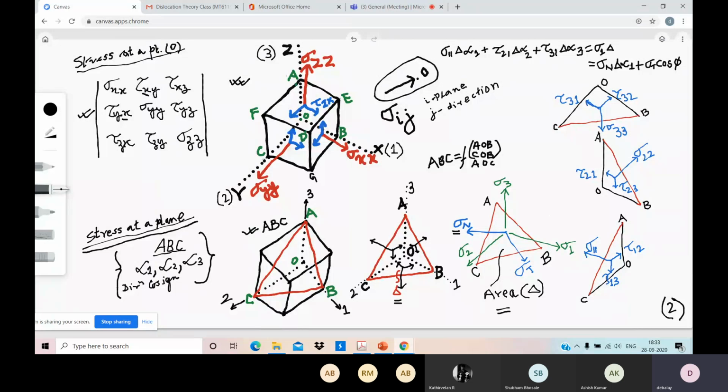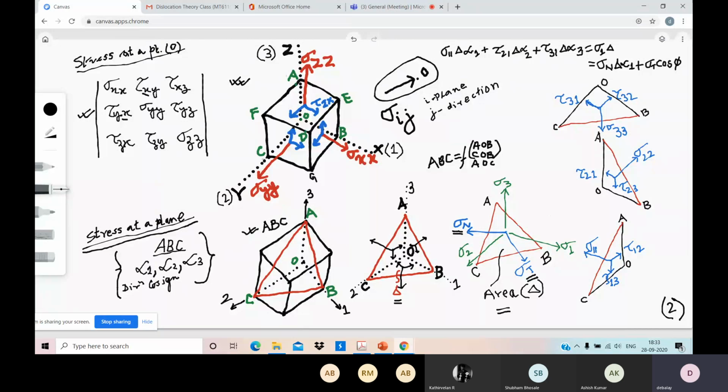It is acting along the plane normal direction, perpendicular to the ABC plane, and the resultant shear component, sigma t. So either you can represent the stress on the ABC plane by the blue components, sigma n and sigma t.